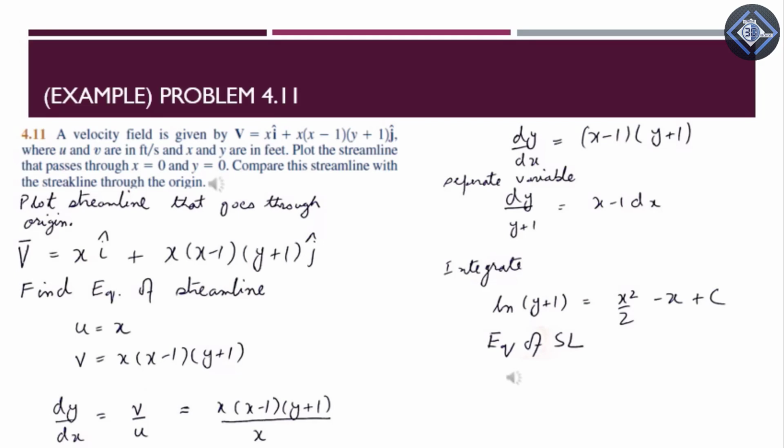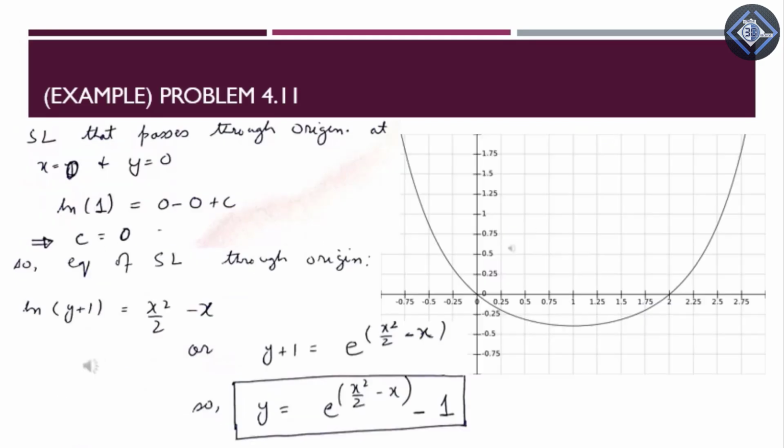The equation is given as the natural log of (y plus 1) is equal to x squared over 2 minus x plus c. This is the equation of the streamline. Now we will go on and try to find out the equation of the streamline that passes through the origin. We still don't know the value of constant c, but we want to find the equation of the streamline that passes through the origin.